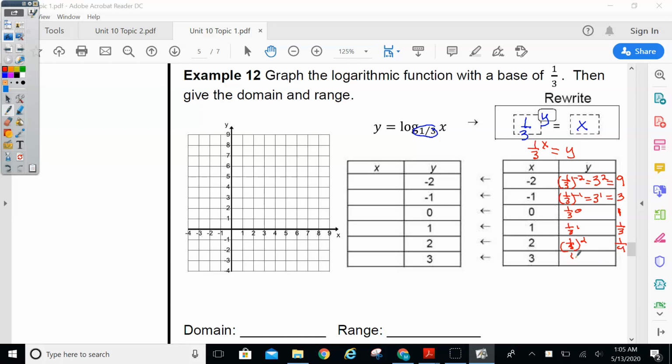And then 1/3 cubed: you cube the 1, which is 1, and then you cube the 3, which is 27.